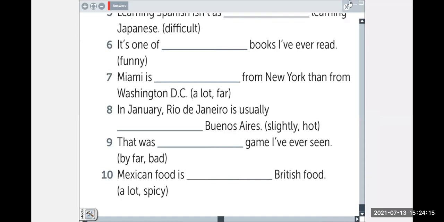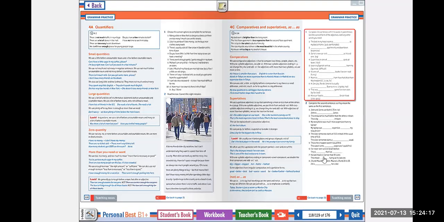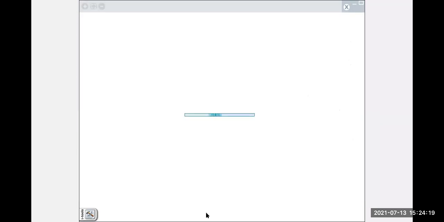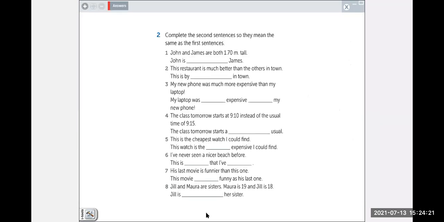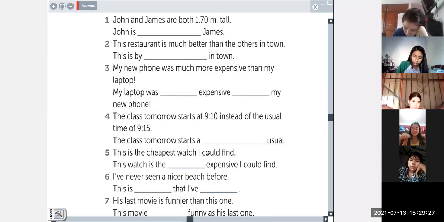Okay, very good. So let's do the next one. Number 2. Complete the second sentence so they mean the same as the first sentences. Okay? I'm going to give you some minutes so you can do it. Okay. So, John is the same as James.